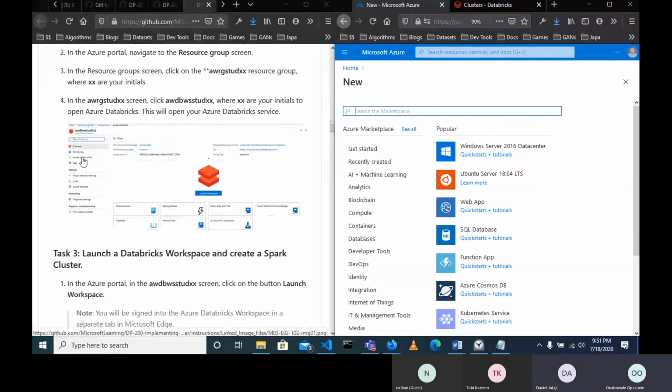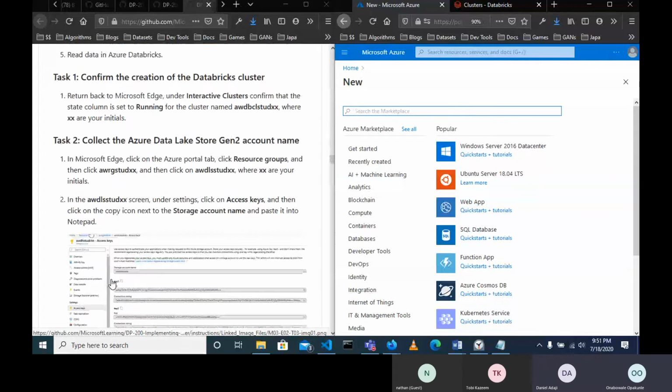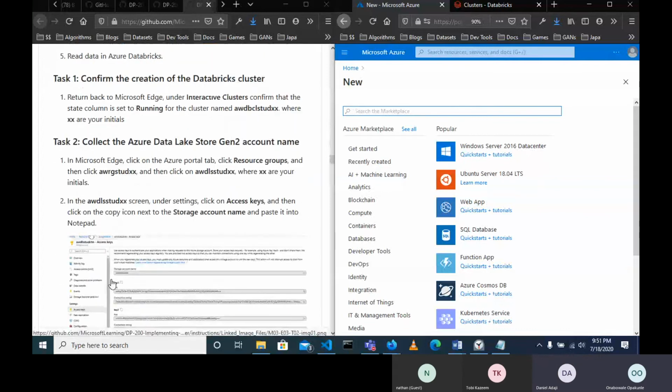So it's not the one that we're meant to be looking at. That's why I said you are supposed to be looking at the data lake. Oh, I see. The data lake was what we created yesterday. Oh, okay. You have to create a data lake storage. That's what I was trying to do.